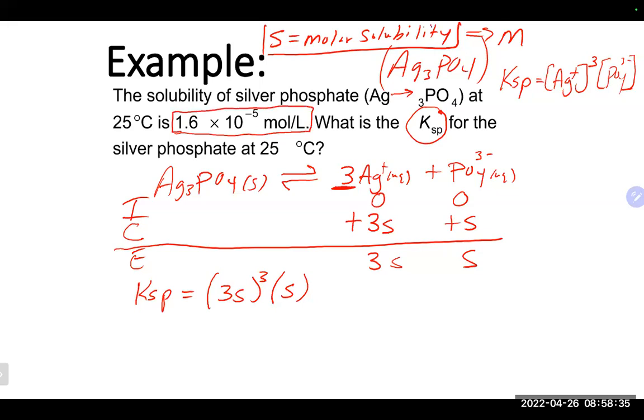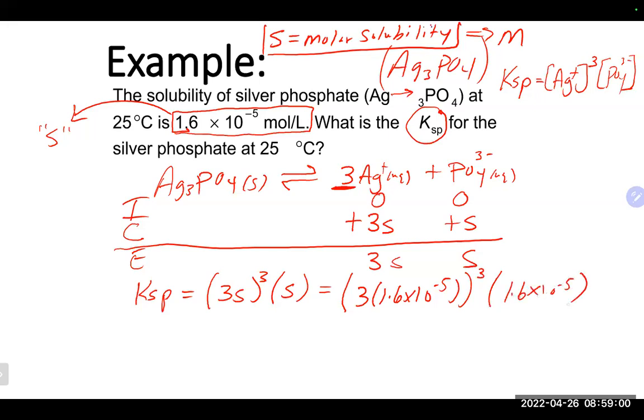This is the solubility of this compound in moles per liter, which means that this guy is S. That is the molar solubility. So to figure out what our Ksp would be, since we already know what S is, we would take 3 times 1.6 times 10 to the minus 5. We want to also still make sure to cube it, times 1.6 times 10 to the minus 5.